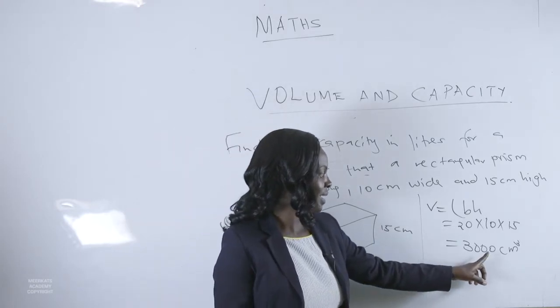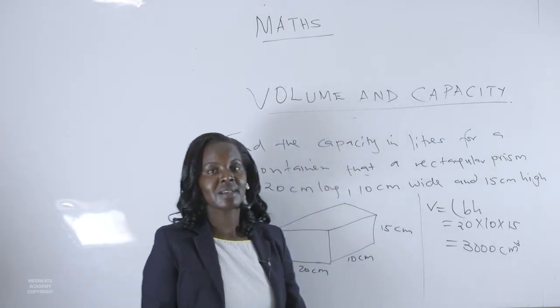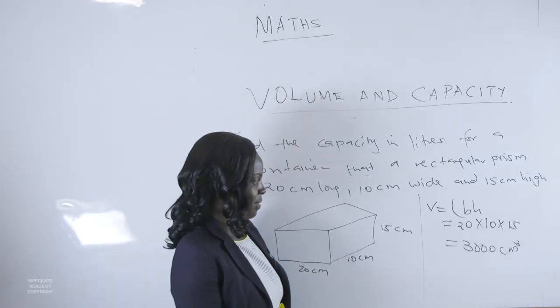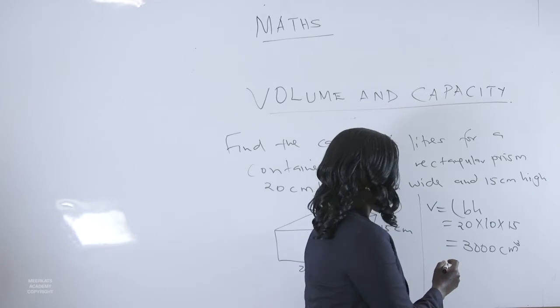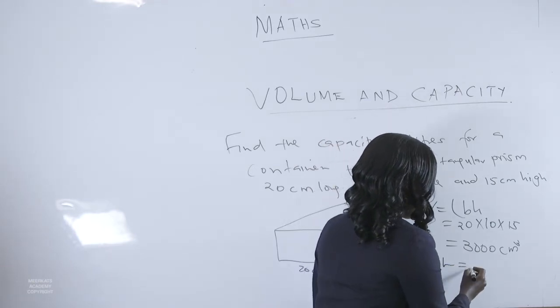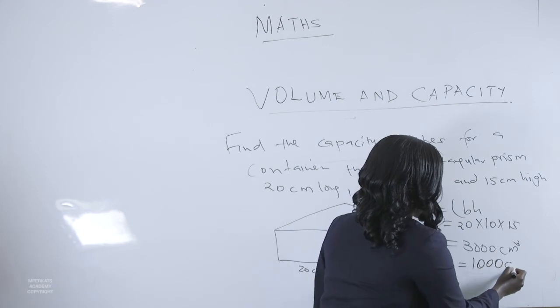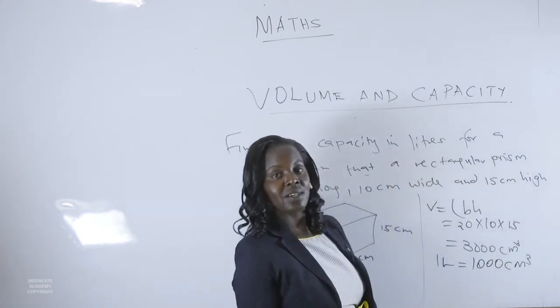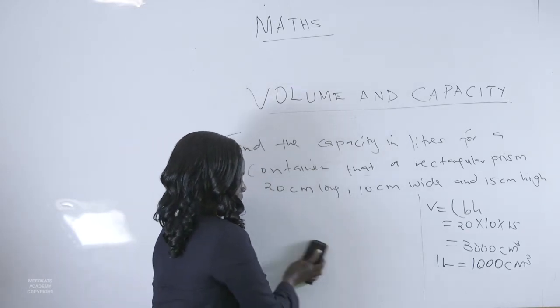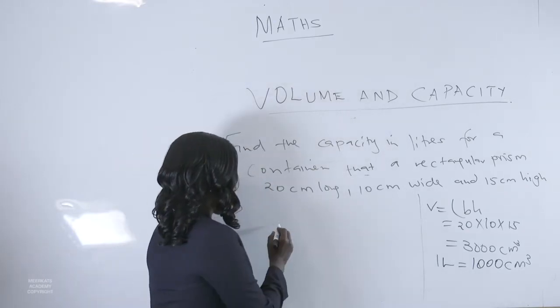We have it in cubic centimeters. What do we do? When you're trying to convert one unit to the other, we said 1 liter contains 1,000 cubic centimeters.